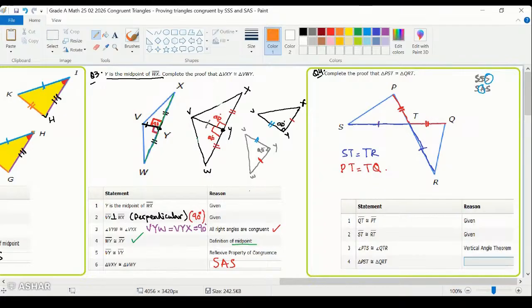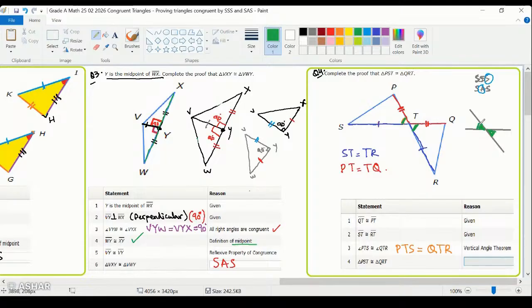They are saying vertical angle theorem. What they are saying is the angle PTS is equal to QTR. This angle is equal to this angle, right? And we know that whenever angles are formed on two intersecting lines, forming an X, then these two angles have to be the same.